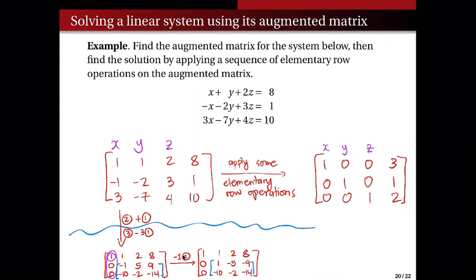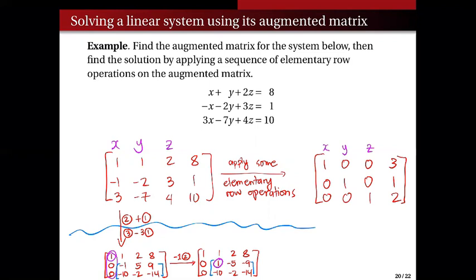What is step 4? You have to make all the other entries in the same column of the leading one zeros. So this guy here becomes a leading one. Okay? So we want to make this entry here 0.